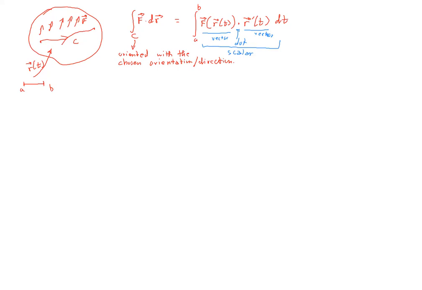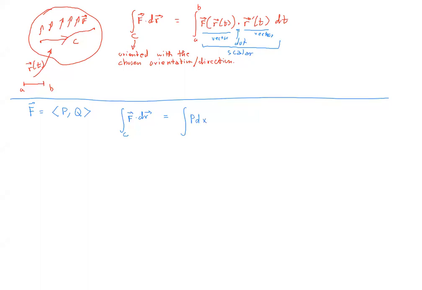Okay, so let's begin with a simple example just to see how this goes. Before actually I do the example, I would like to mention some alternative notation that we have here. So if the vector field has components P and Q, so these are functions of x and y, then we can also denote the vector line integral along C as P dx plus Q dy.